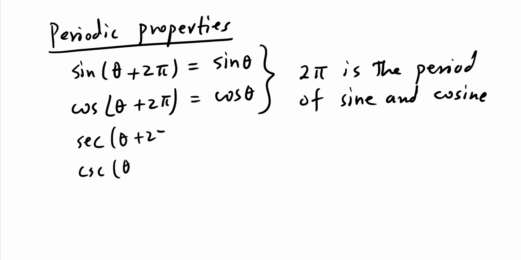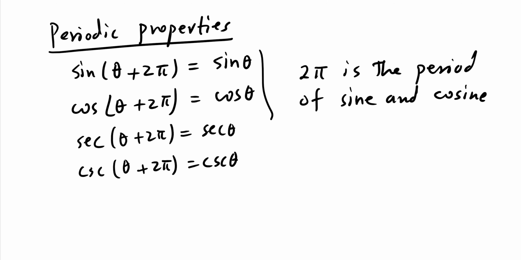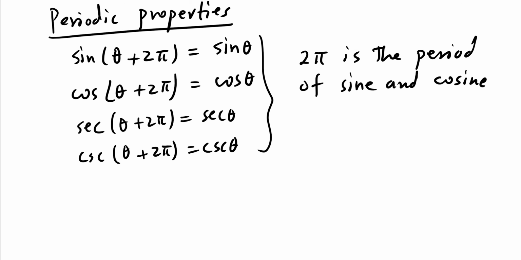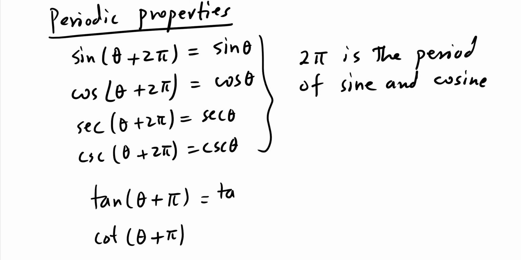Theta plus 2 pi, that's secant theta, that's cosecant theta. So the period here is 2 pi for all these functions. But for tangent and cotangent, the period is only pi, so it's theta plus pi. That's tangent theta, cotangent theta. So pi is the period.